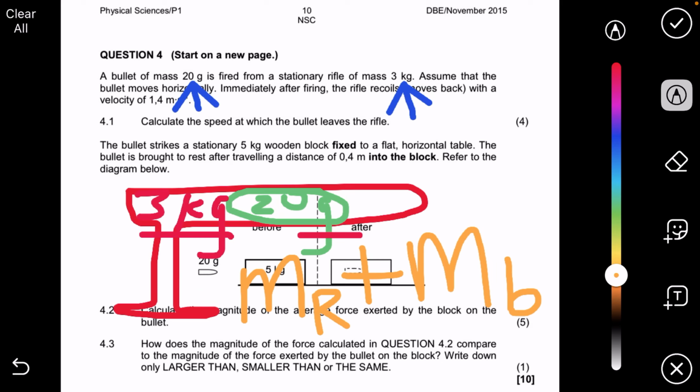Okay, so guys, just to remind you, I've done a complete lesson where I teach you from the start this chapter of momentum. That's where I teach you the principles and the types of problems associated with this chapter. I've also covered this type of problem.